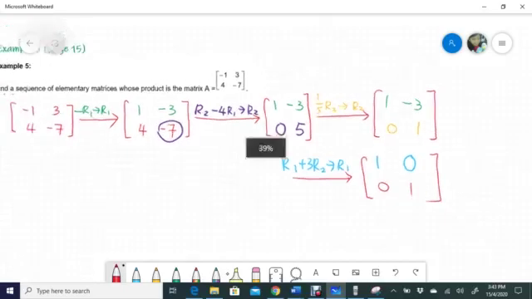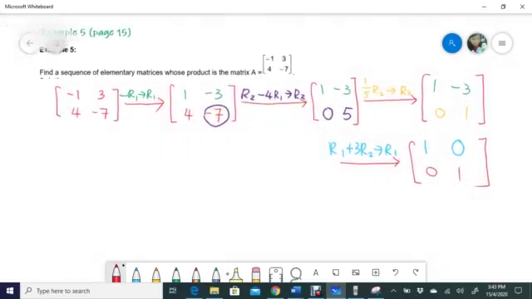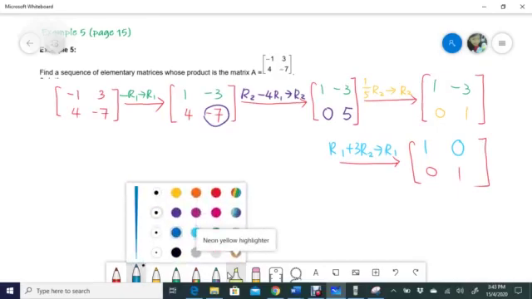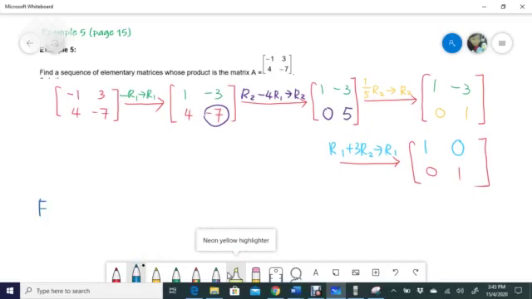What can you do then? You can proceed with your elementary matrices. So get your E1. Always start with your identity, because this is 2 by 2, so you just follow 2 by 2.